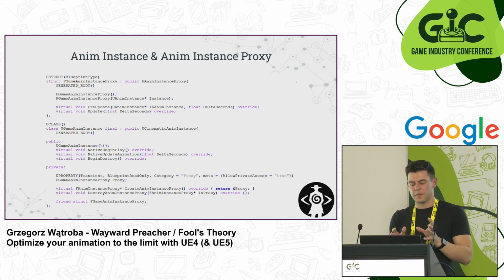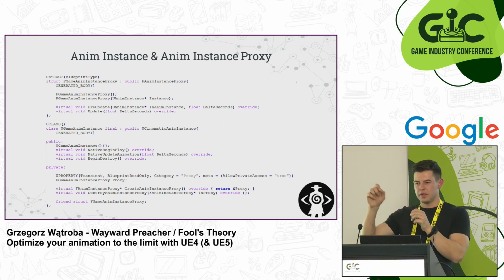So that's why it is important to not only utilize anim instance and anim instance proxy, but also within the anim blueprint, we should get this data bind approach where you don't read data directly from the anim instance, but rather bind the data from anim instance proxy.